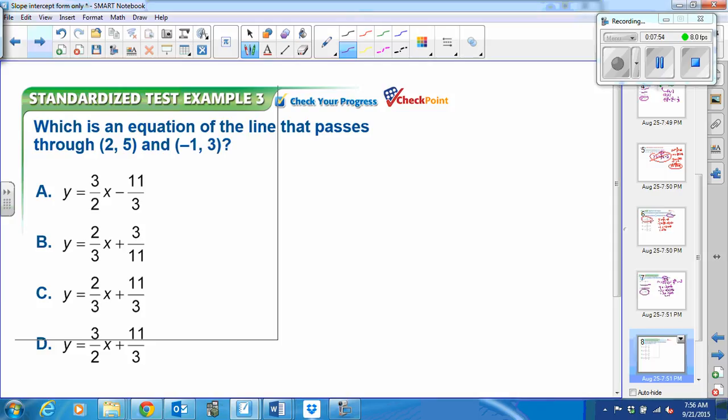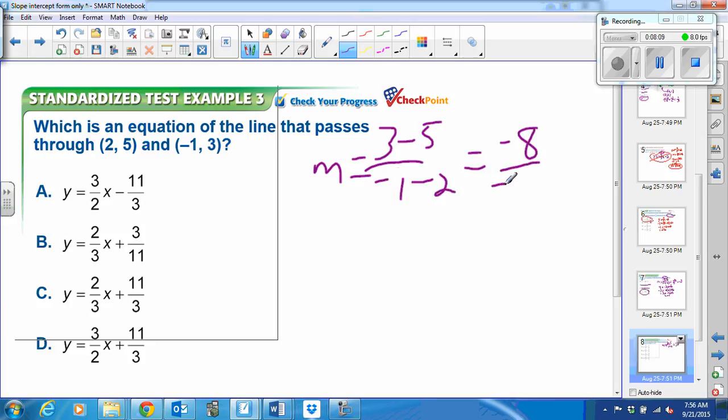And I think we're on our last problem now, which is the equation of a line that passes through (2, 5) and (-1, 3). So find your slope. So you get 3 minus 5 over negative 1 minus 2. That gives us negative 8 over negative 3, so positive 8/3. So this is probably going to have some very unfriendly numbers.